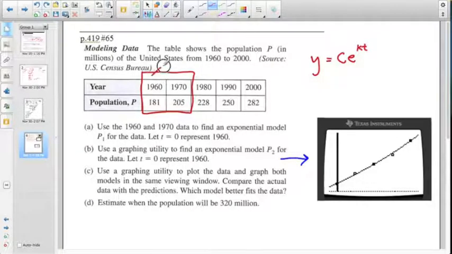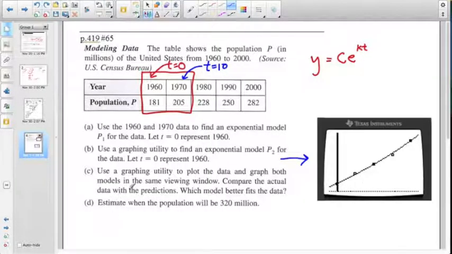So if this is where we began the collecting of data, then we would call this our t=0. So at time t=0, we had a population of 180, and then what we'd have to do mathematically is say, okay, 10 years later, so at t=10, we have this new population.